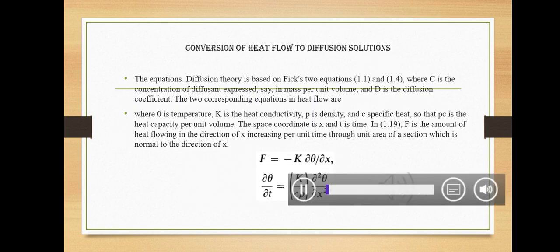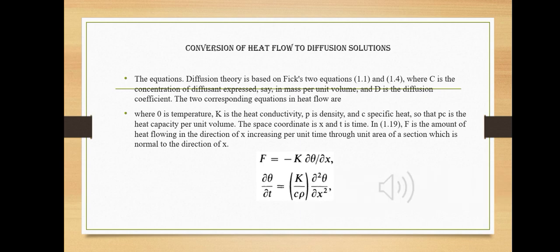Here we can see conversion of heat flow to diffusion solution. The diffusion theory is based on two fixed equations, where C is the concentration of diffusing substance expressed in mass per unit volume and D is the diffusion coefficient. The two corresponding equations in heat flow are where θ is temperature, K is heat conductivity, ρ is density, and c is specific heat.